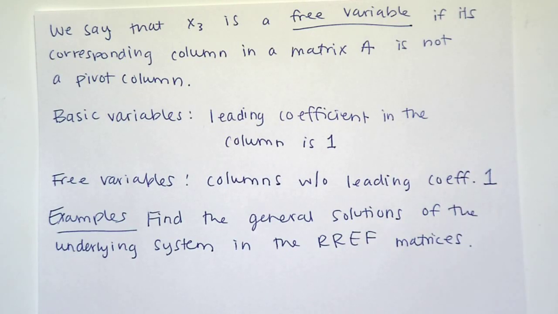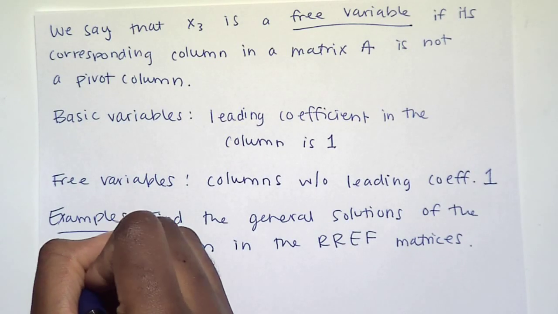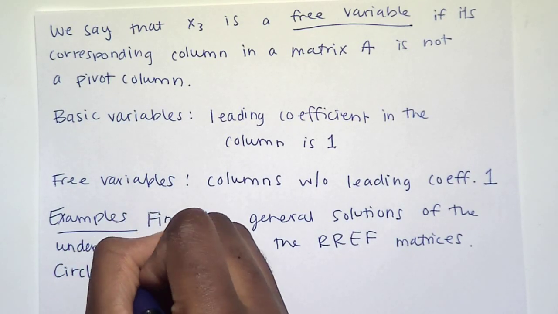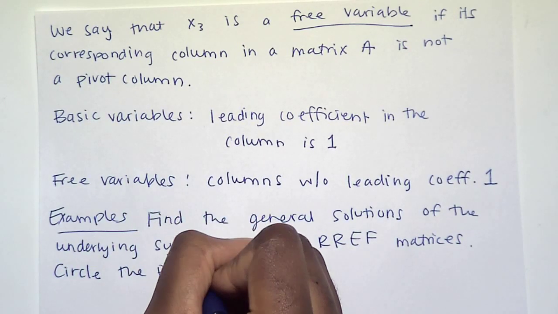So all of the augmented matrices that I'll write here are already in RREF, so no work to be done. We just have to determine the system. And then we are also going to circle the pivot positions.